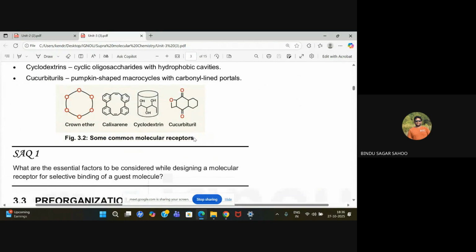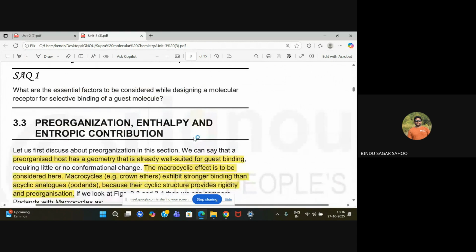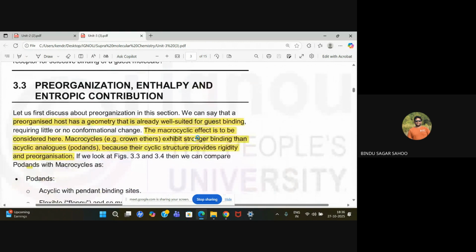Then we'll discuss the pre-organization of the molecular receptors, their enthalpy contributions, and their entropy contributions. We can say that a pre-organized host has a geometry already well suited for guest binding, requiring little or no conformational change. The pre-organized host should have a good geometry or proper cavity size to accommodate the guest.